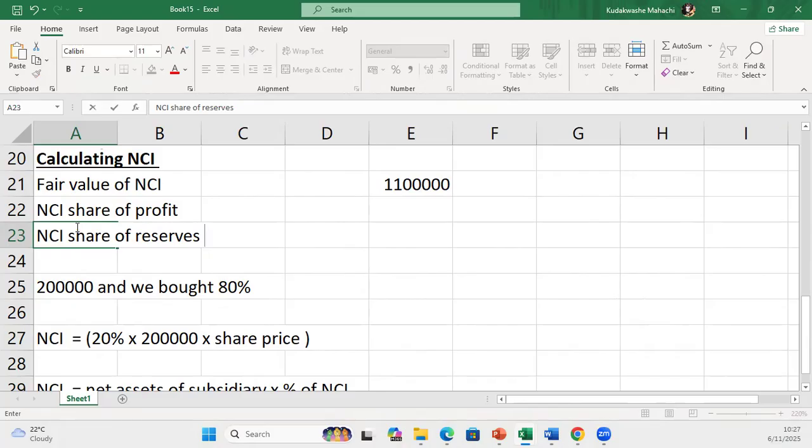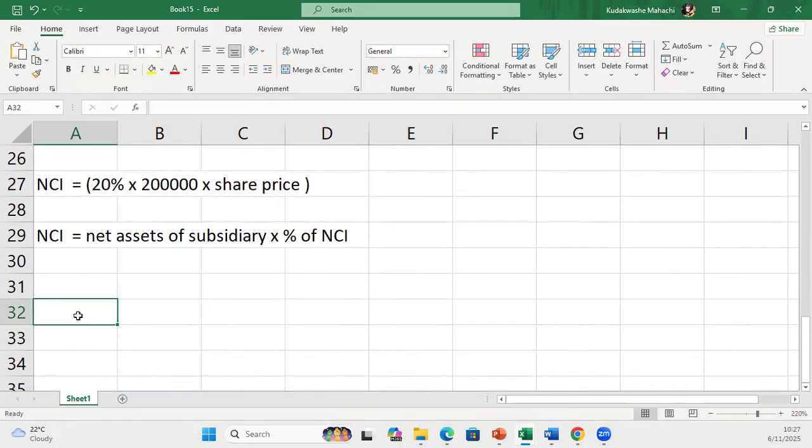So we have NCI share of profit and NCI share of reserves. So for NCI share of profit, how do we do it? We start by finding the profit of the subsidiary.